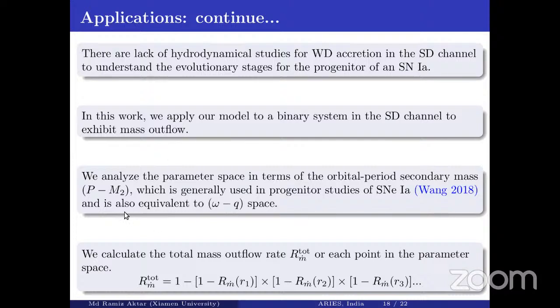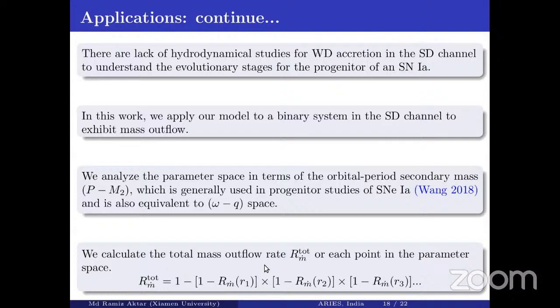For that, we analyze the parameter space basically in terms of the orbital period and the secondary mass, where capital P is not the pressure, it is the orbital period. The orbital period we can calculate by using the angular velocity of the binary, and this relation is generally used in the progenitor studies of supernova type 1a.